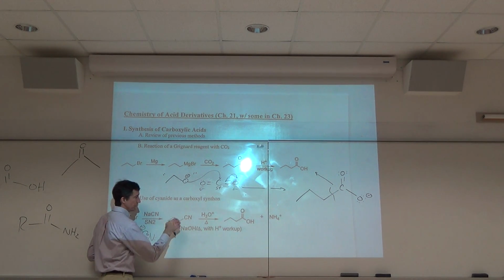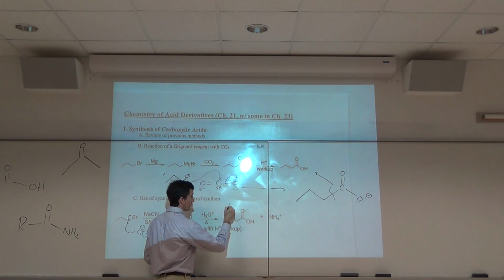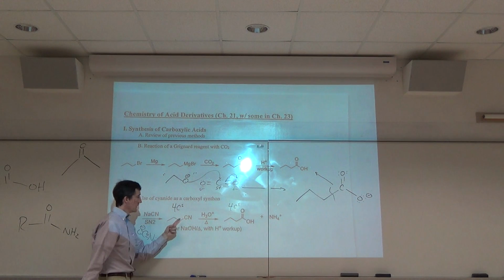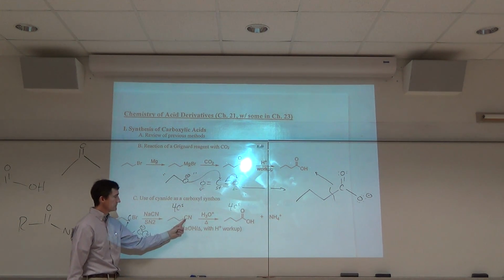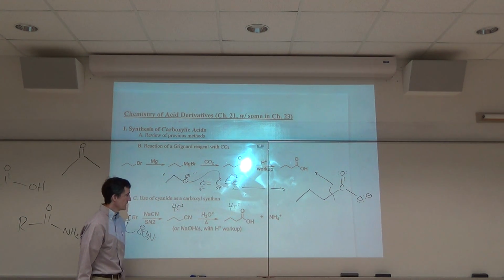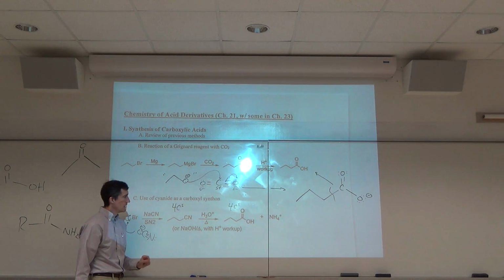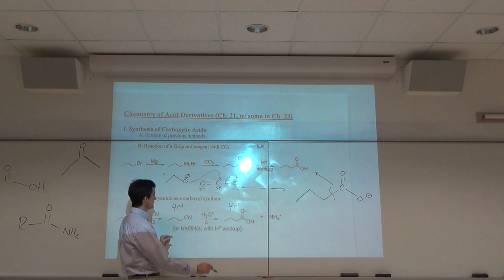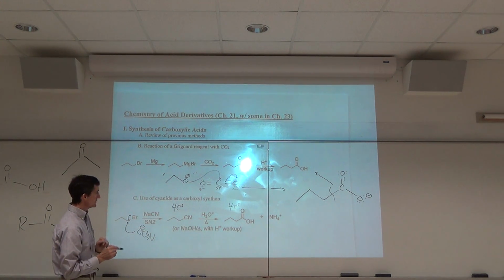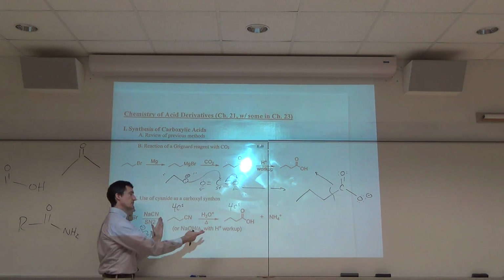1, 2, 3, 4. 4 carbons. 1, 2, 3, 4. 4 carbons. This carbon becomes the carboxyl group. It is a carboxyl synthon, or precursor. Hydrolysis. We'll actually cover this mechanism a little bit later.